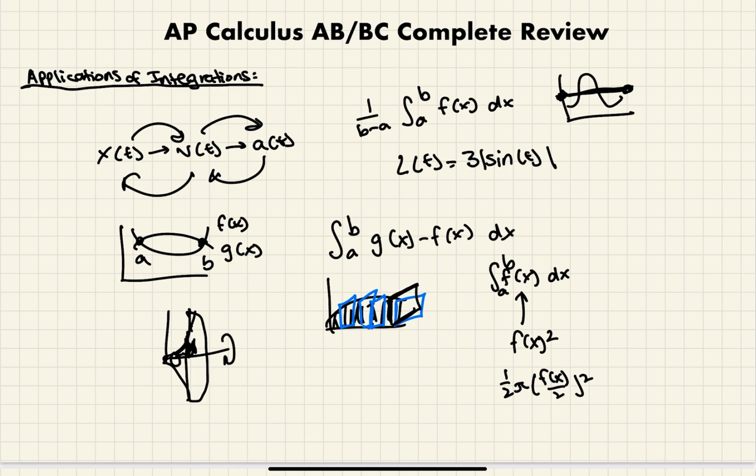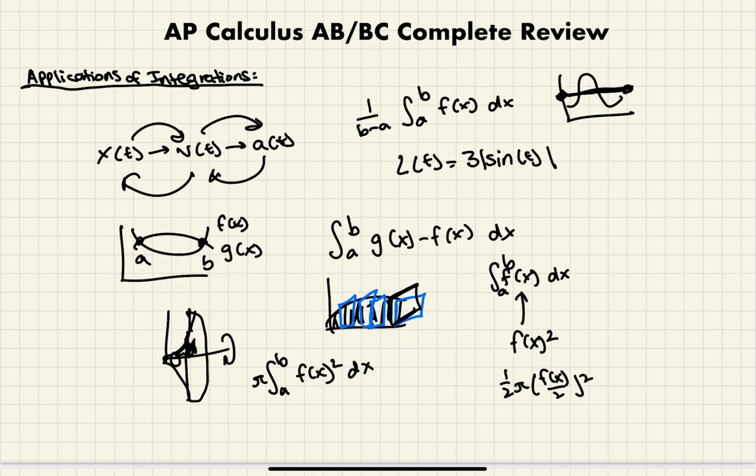The formula for that is the volume is pi times the integral from a to b of r squared dx, where a and b are the bounds and r is the function as a whole, so it becomes pi times the integral from a to b of f of x squared dx.